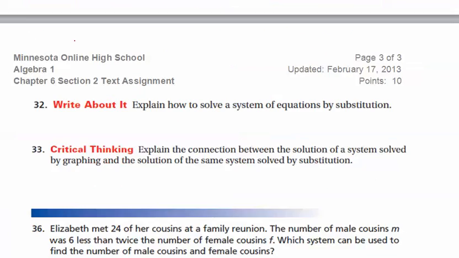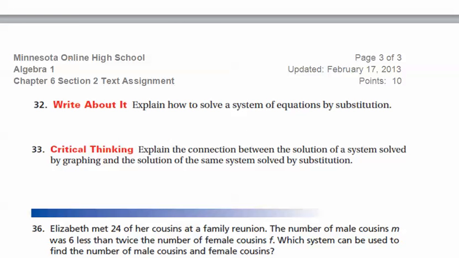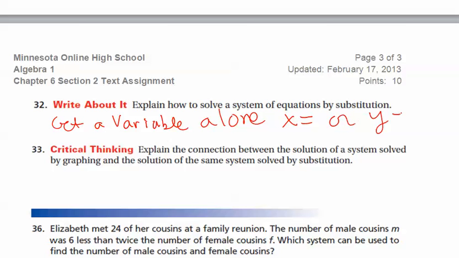Okay, moving on. Number 32 says explain how to solve a system of equations. Well, what did we do to solve this? Step 1, we get a variable alone, or we solve an equation for a variable, like x equals or y equals.